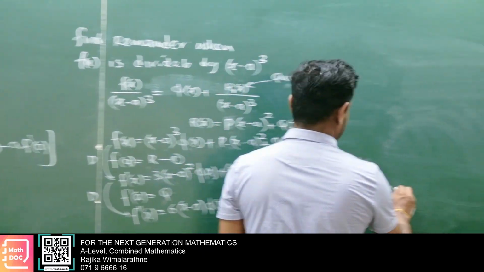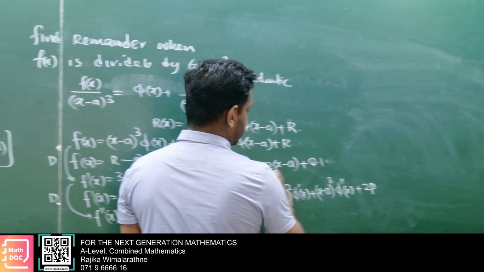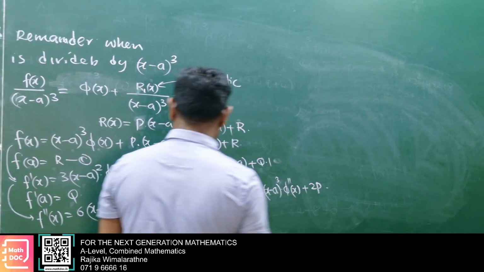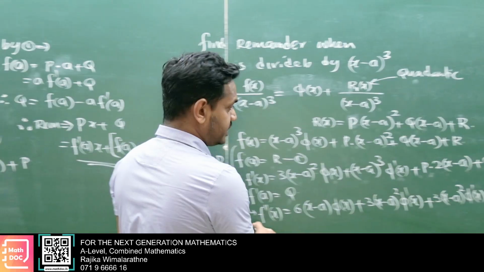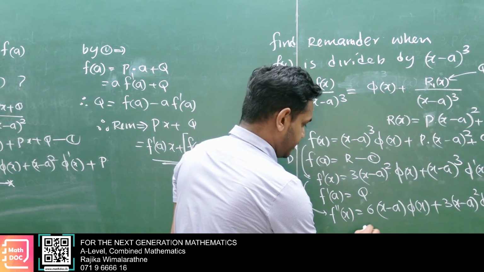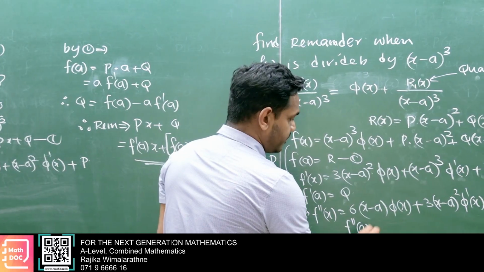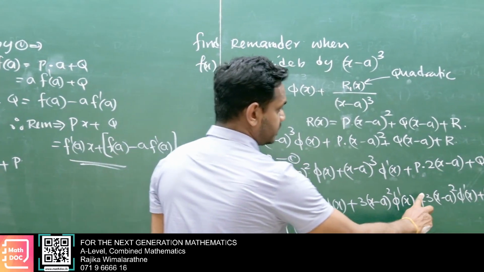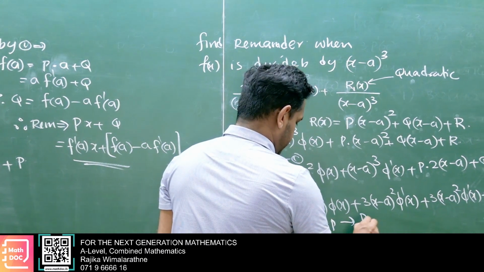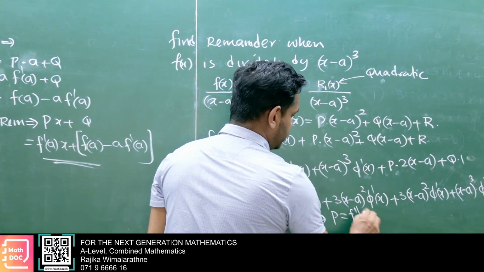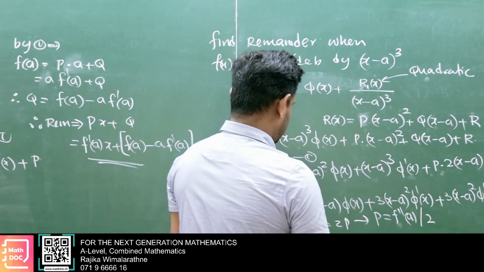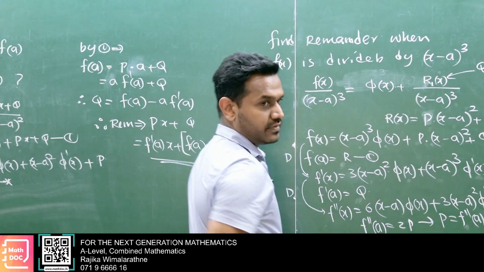And here 2p times x minus a, derivative of q is 0. Then for this relation again you substitute x equals a. Then f double dash a equals 0 plus 0 plus 0 plus 2p. Then the p value equals f double dash a divided by 2.